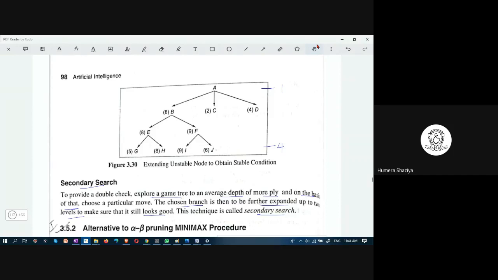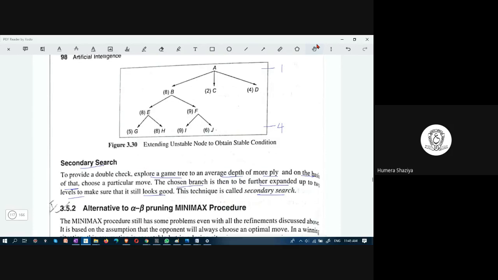In secondary search, further the nodes are expanded to two more levels to check whether further down the line things are acceptable or not. That is secondary search.